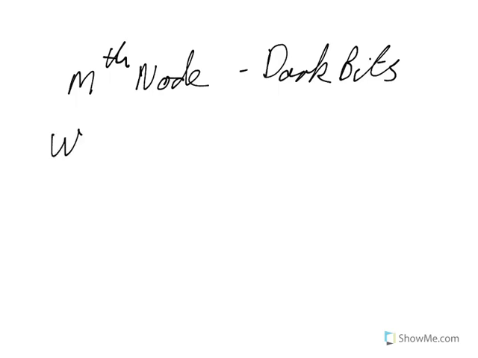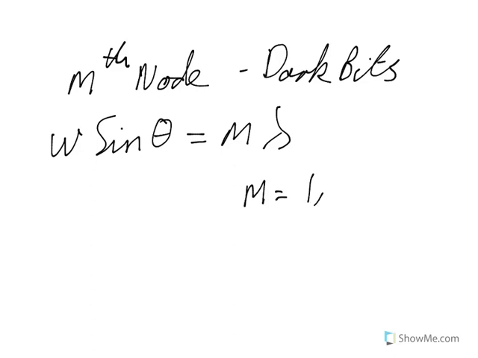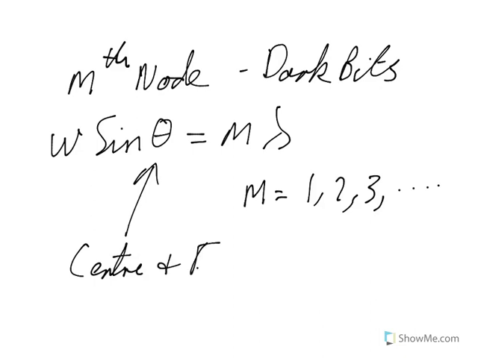The nth one, W, the width, sine of theta, so that's the sine of the angle between straight ahead and the node, is m lambda. Alright, and m of course is a whole number, 1, 2, 3, etc. So that there is between the centre and the fringe, the dark bit.